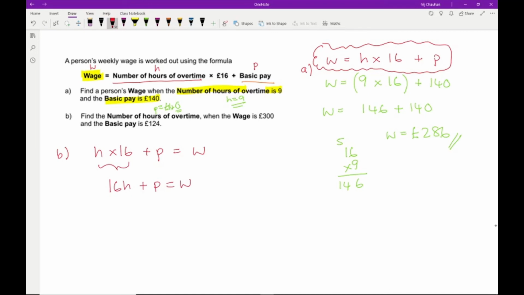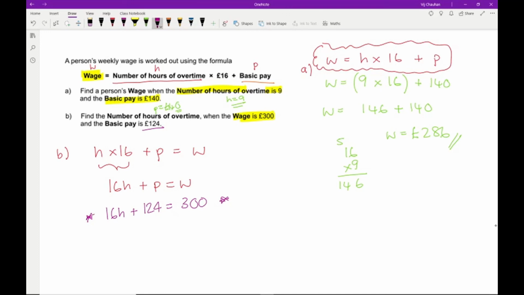Now I'm going to substitute the information that I know. So I know W equals 300, so let's start off by writing that. I know that the basic pay is 124, so swap that for P, and I'm wanting to work out what H is. So as you can see, this is now turning into an equation.